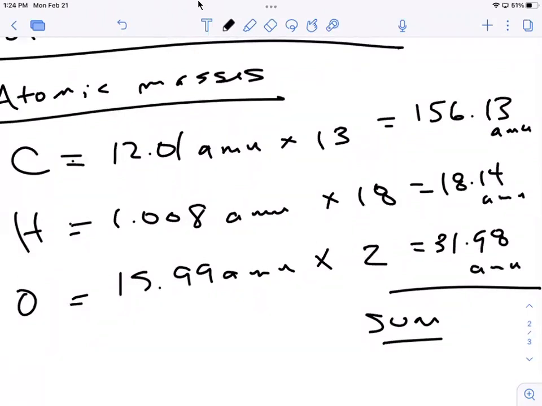All right. So the sum of those 3 numbers is going to give me my formula weight, or formula mass, or molecular weight, or molar mass. All those terms are interchangeable. So 156.13 plus 18.14 plus 31.98. What do you got?